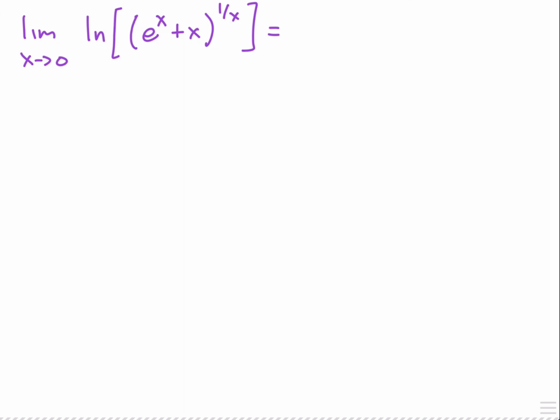First thing we do is bring the exponent down. So this is going to be 1 over x times ln of e to the x plus x. At this point, you can check if it's indeterminate, but it's pretty much guaranteed to be. If it was indeterminate to start with and you just rewrote it in a different way, it's still indeterminate because you haven't changed the function. But you can check anyways, just for fun.